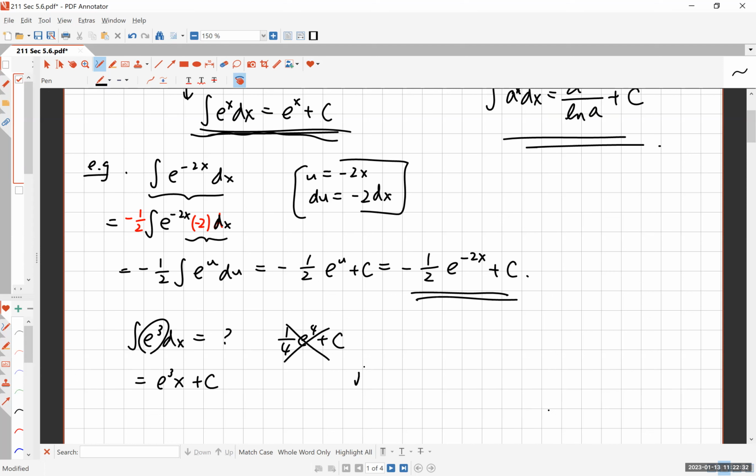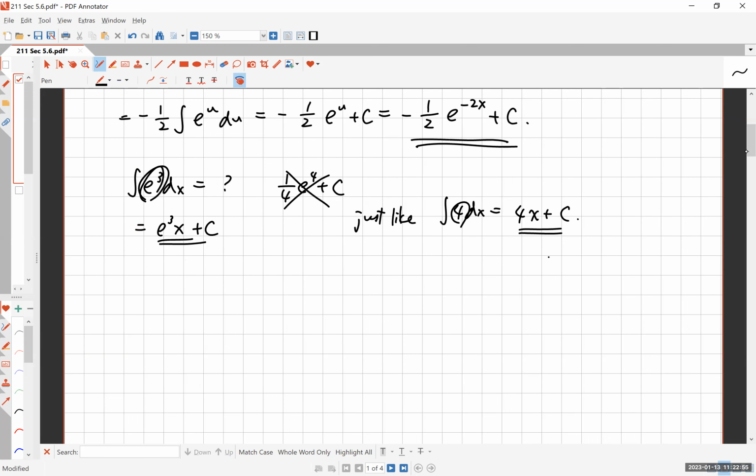Just like if I ask you to integrate 4 as a function, what's the answer? It's going to be 4x plus c, right? So if this is a constant, the answer is going to be that constant times x plus c. So do not be deceived by what appears to be a variable. e is a constant, okay, and so is e cubed.